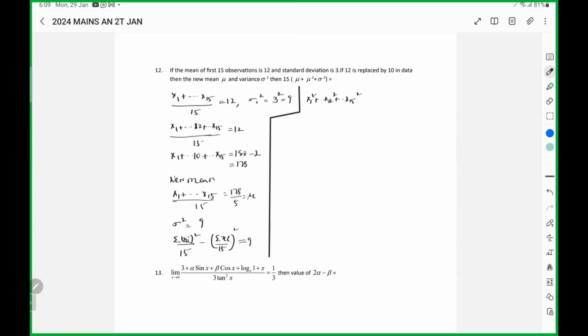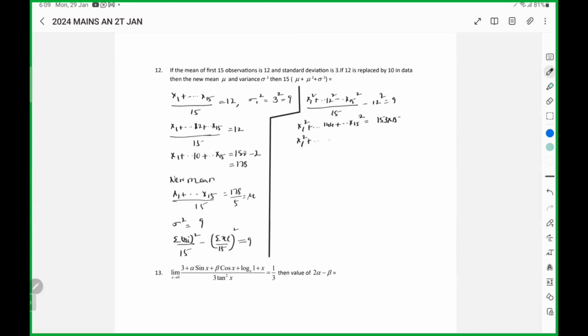When it was 12, one of the data values is 12. Sigma xi by 15 is 12 square, which is 9. So x1 square is 144, 153 into 15.